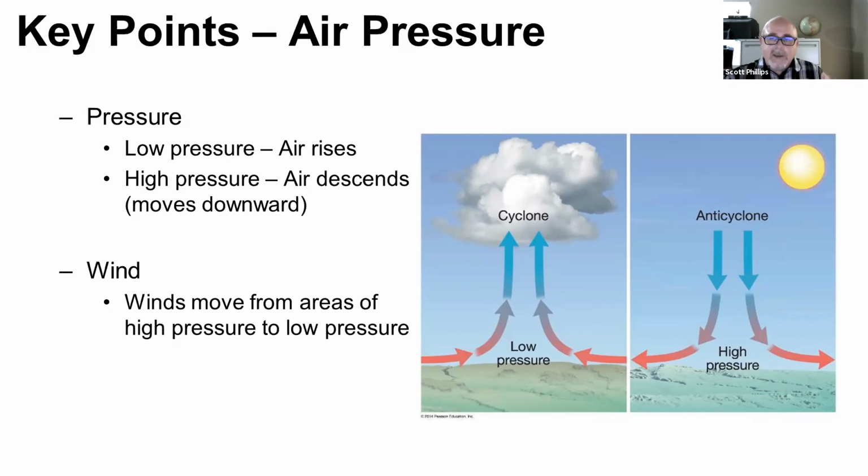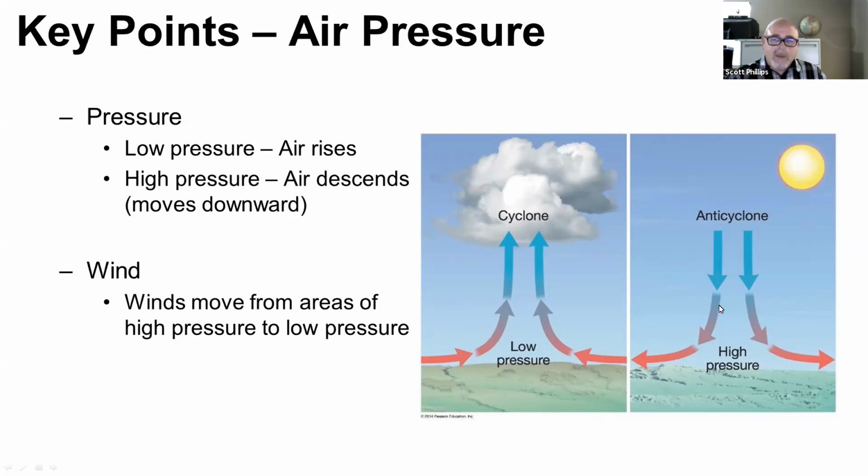Because of the unequal heating of the Earth, in some places air is going to be rising, in some places the air is going to be descending. Where we have low pressure, the air is rising and it's kind of creating a vacuum. Where we have high pressure, the air is descending and it's creating a greater density of molecules.